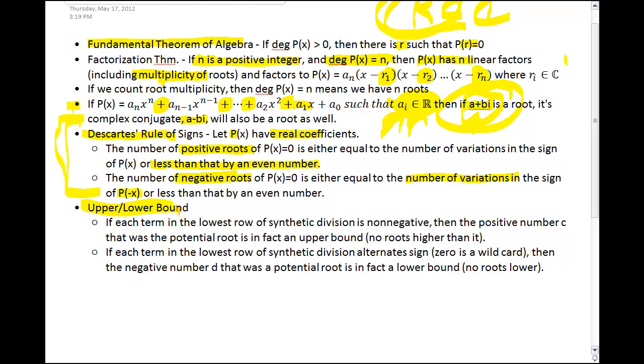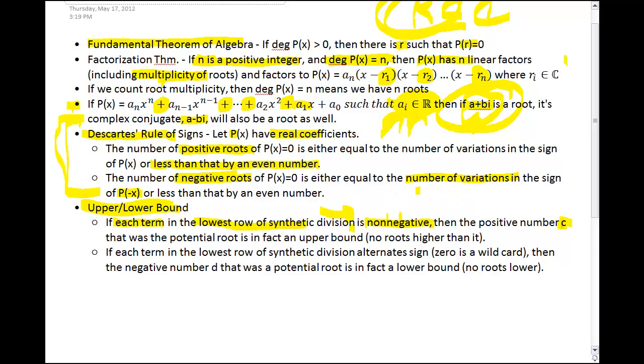We also, though, first want to talk about upper and lower bound. If we do our synthetic division, we have our coefficients all written up, and we do our synthetic division process and figure out what we've got, then if in that bottom row every term is non-negative, then we know that the number we tried to divide by might not be a root, because it didn't give us 0 in that last spot, but it will be what we call an upper bound.